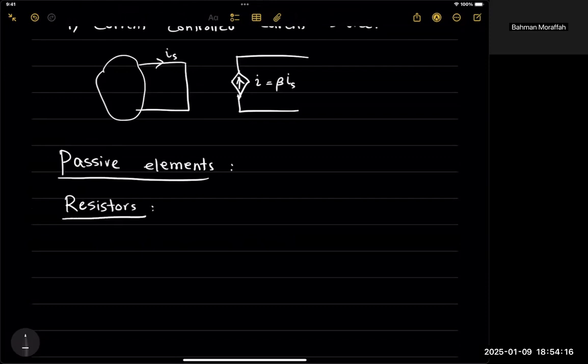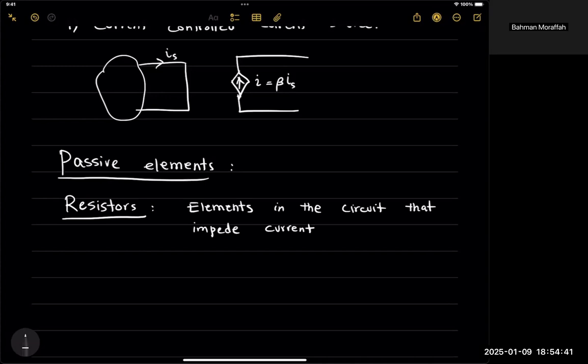Resistors are basically elements in the circuit that impede current, right?